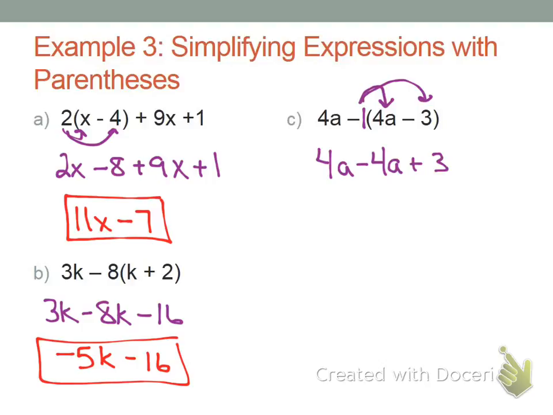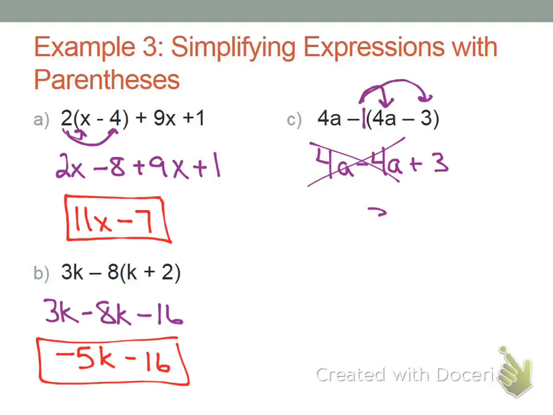Anybody see a number property here? Which number property can we apply here? Anybody see an opposite? Do you see an opposite here? 4a minus 4a. What happens? Inverse property of addition. Take a number and its opposite, combine it, and it's always 0.